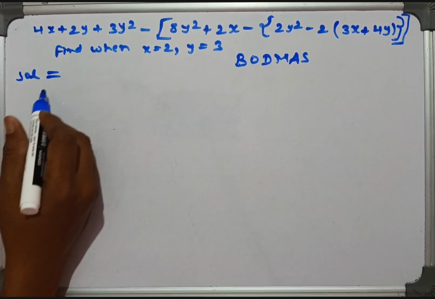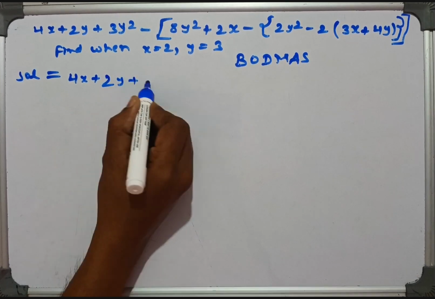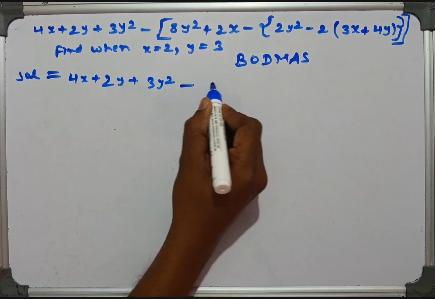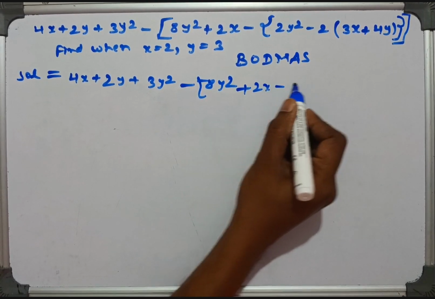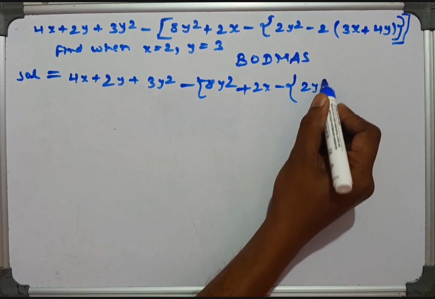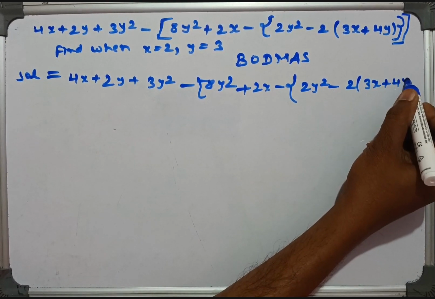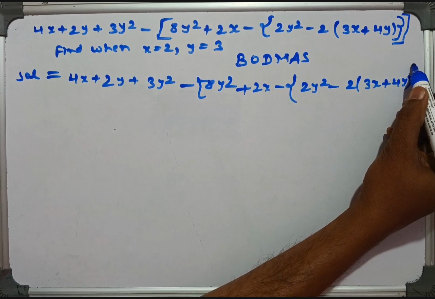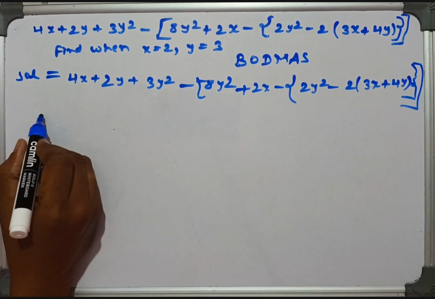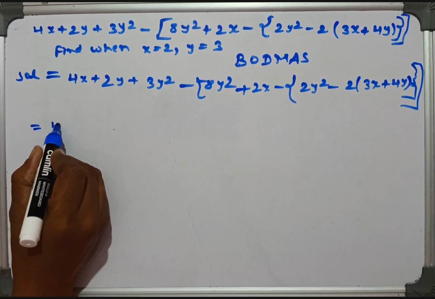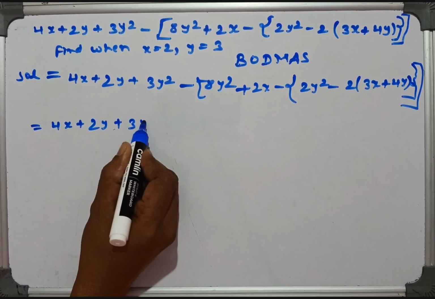Okay guys, so we write 4x plus 2y plus 3y square minus 8y square plus 2x minus curly bracket open 2y square minus 2 open bracket 3x plus 4y close bracket, then close the curly bracket. Again, 4x plus 2y plus 3y square.